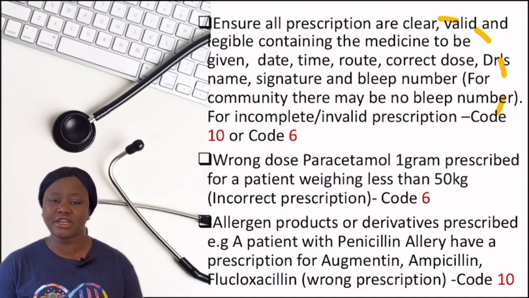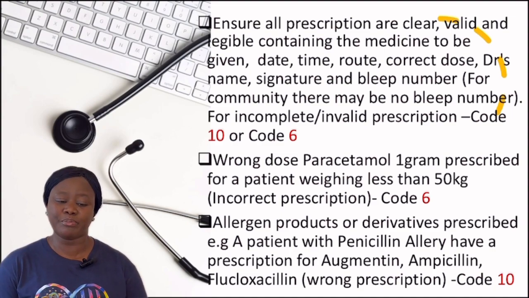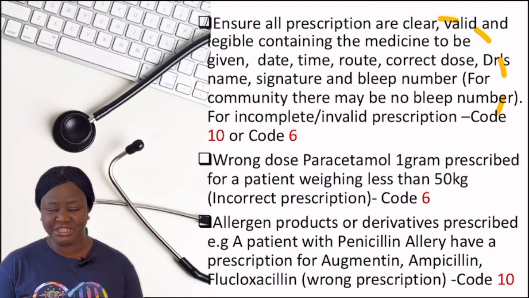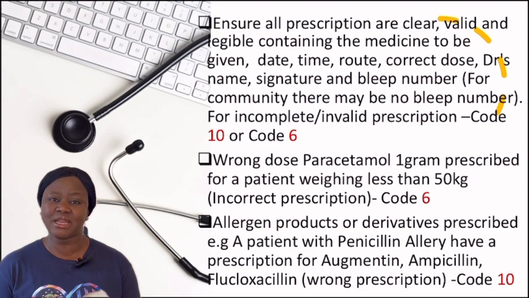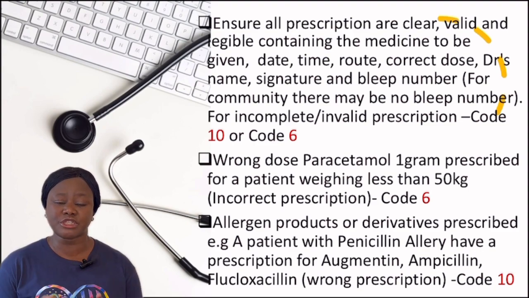And for community scenario, like I said, you may not have the bleep number, but that still renders the prescription valid and legible. But if any of this information is missing, you can go for a code of 10, other reason, and state the reason why. But if you have a specific reason why you feel this prescription is incomplete or incorrect, you can always go for a code of 6.